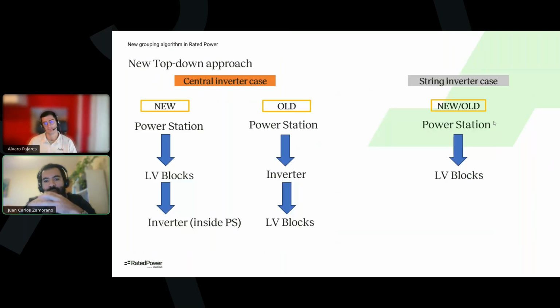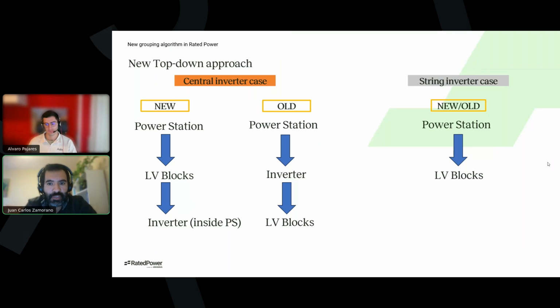Now I would like to show you some detailed information about how this new algorithm works. Think about a central inverter case. The old algorithm works forming the groups from the highest electrical level to the smallest. It first creates the power station, then it creates the inverters inside that power station in case of two or more inverters, and it finally creates the low voltage blocks.